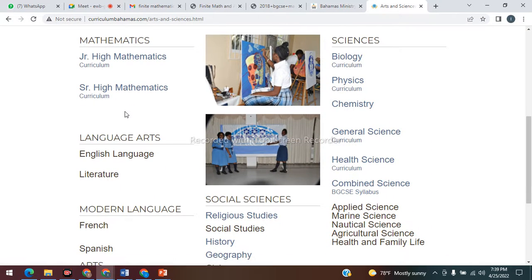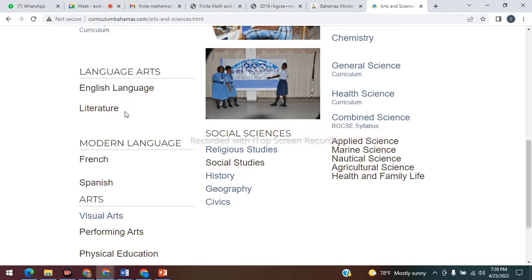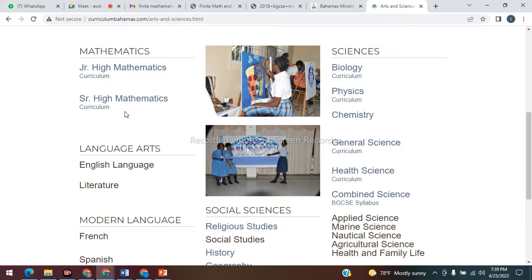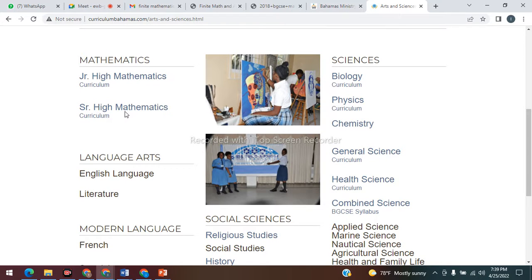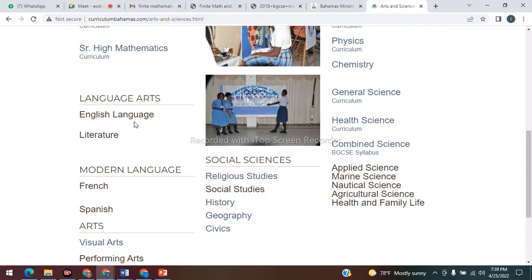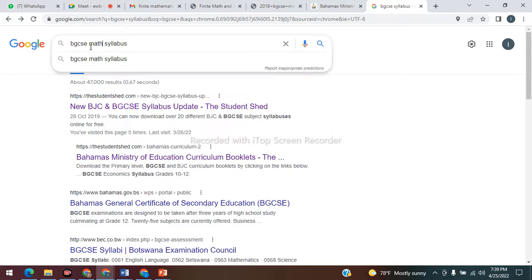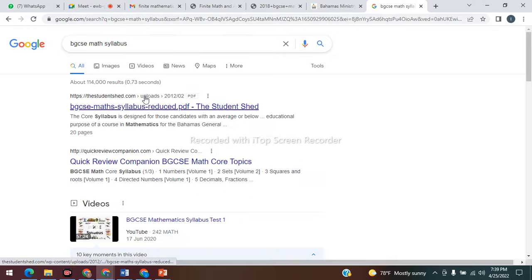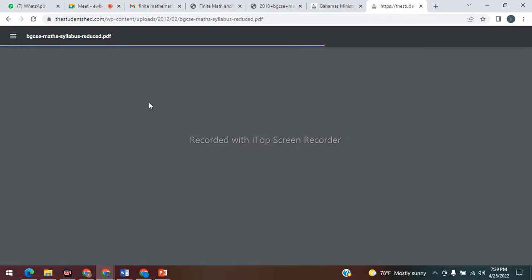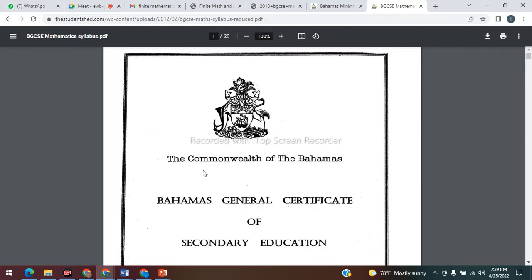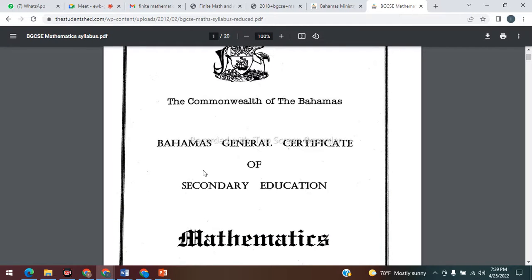I wanted you to see the actual thing I'm on. All you have to do is type in BGCSE math syllabus, and you'll get the PDF. Let's go. This one, look at that. Very good. Okay, so this is the syllabus.